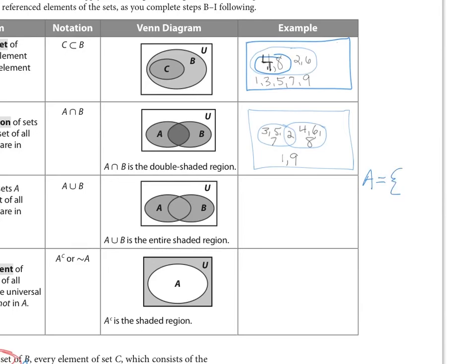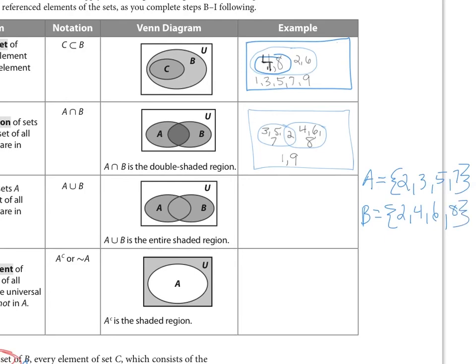This is on the facing page 1085, but I don't want to change slides for you and have to go back and forth. So we just have our prime numbers 2, 3, 5, and 7 in set A. And in set B, we have our even numbers 2, 4, 6, and 8.